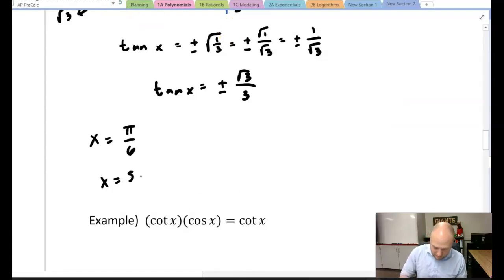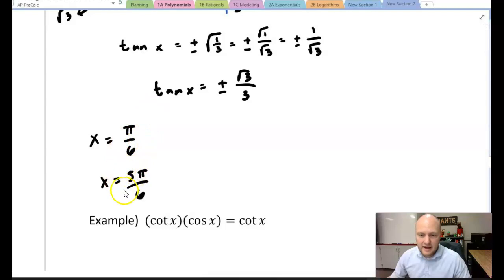I have the positive value, pi over 6, and then I have a negative value here at 5 pi over 6. And you may be saying, hey, what about quadrant 3? I guess this is quadrant 2, so quadrant 4.